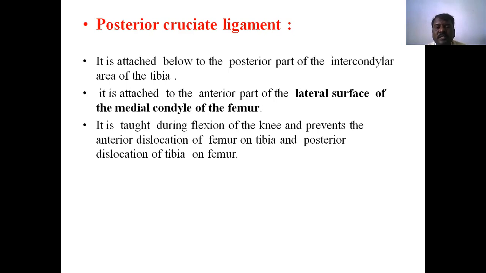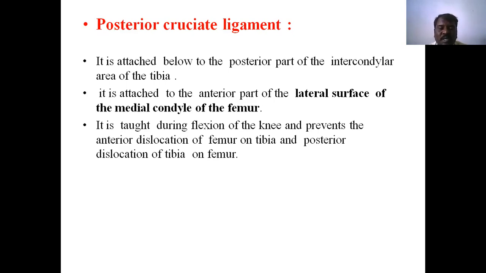Next, the posterior cruciate ligament. It is also attached just posterior to the intercondylar area on the tibia. It is crossing and reaches the lateral surface of the medial condyle of the femur. So the anterior cruciate ligament reaches the lateral condyle, whereas the posterior cruciate ligament reaches the medial condyle, on its lateral surface of the femur.